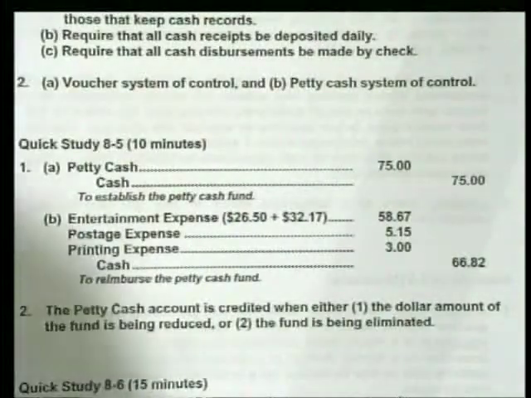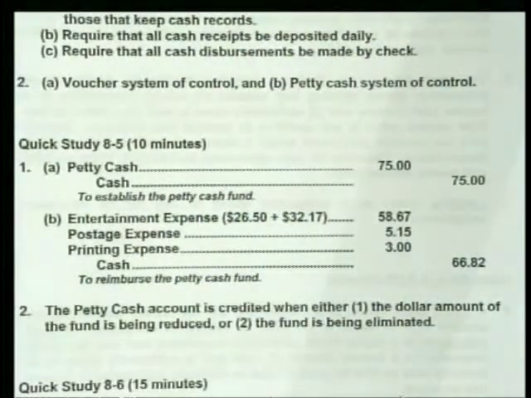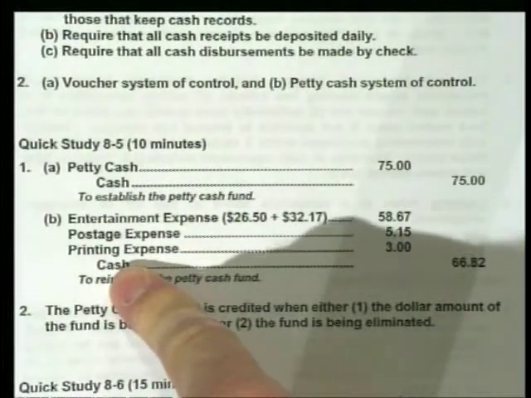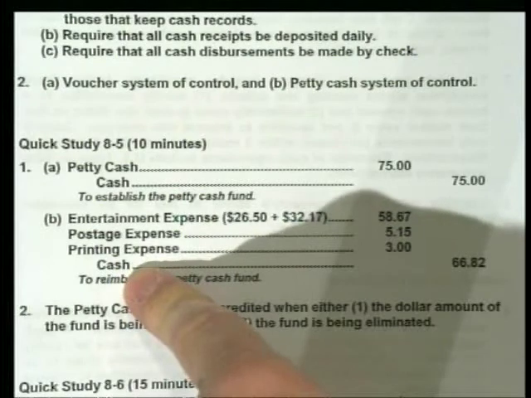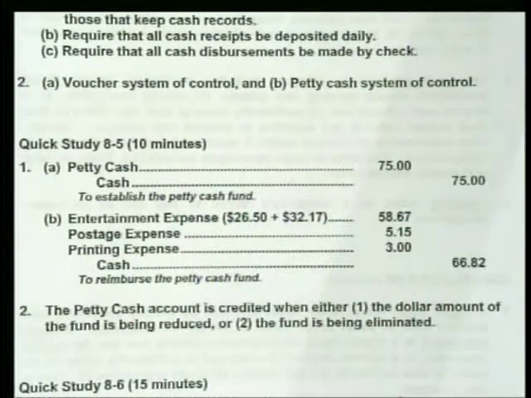identify the 2 events that cause a petty cash account to be credited. Well, notice that when we reimburse the fund, we credit cash. We do not credit petty cash. We credit cash, right? That's always a common mistake on tests. Okay? And really, the 2 answers to this other little question are kind of the same thing.